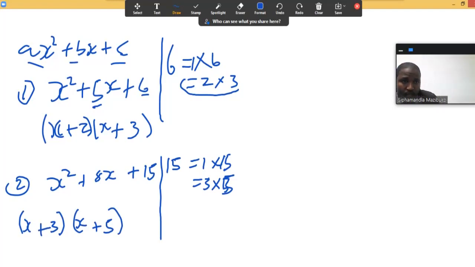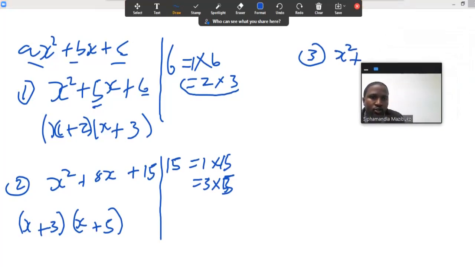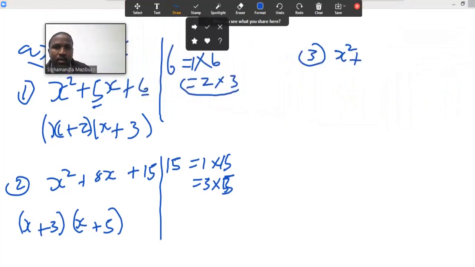So let's look at example 3 shortly. In our example 3, let's look at x squared plus 12x plus 32.